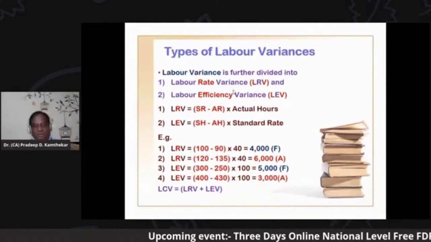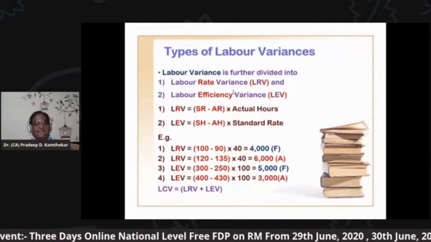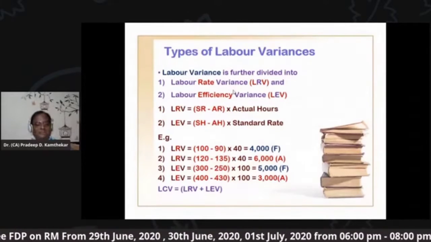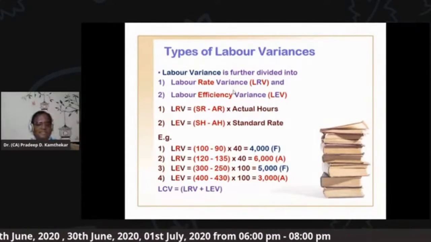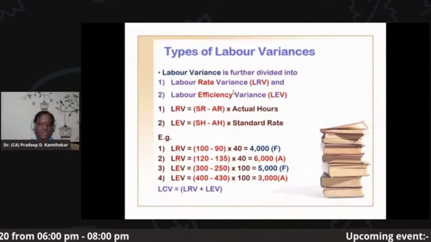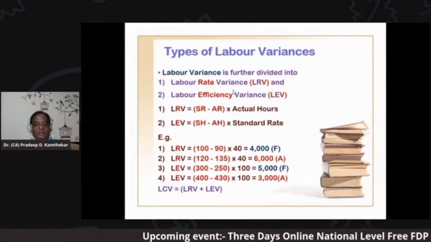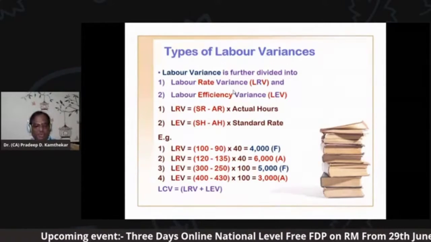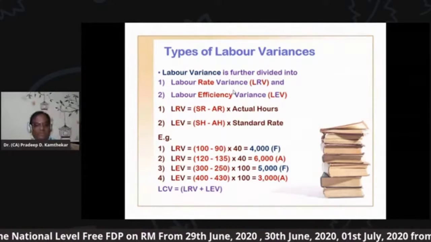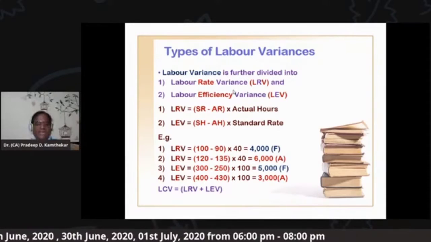So in material variances we had material price variance, and in labor variances we have labor rate variance. And in material variances, for calculating the difference in the usage quantity we had material usage variance, and in labor variances we have labor efficiency variance. So in rate variance we'll compare the standard rate and actual rate, and in efficiency variance we'll compare standard hours and actual hours.